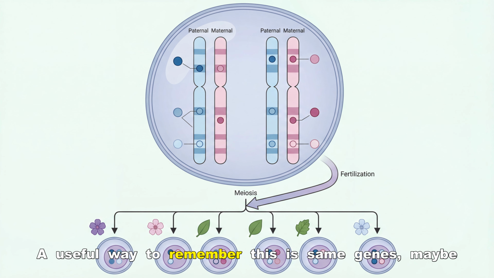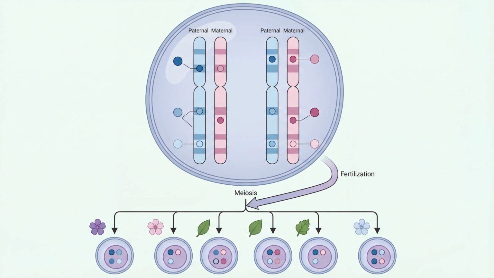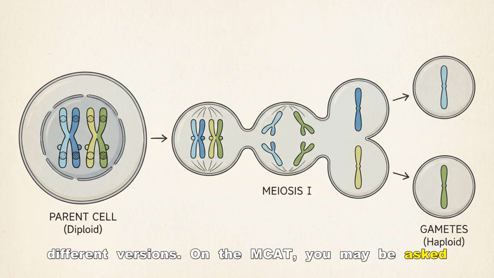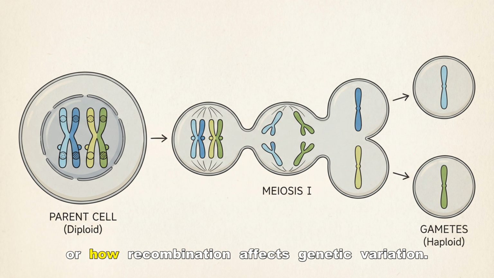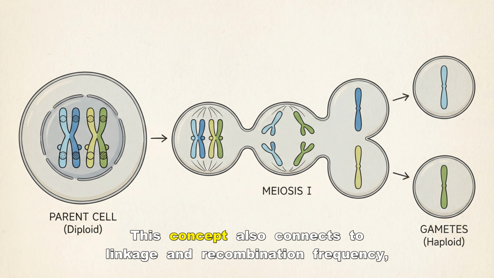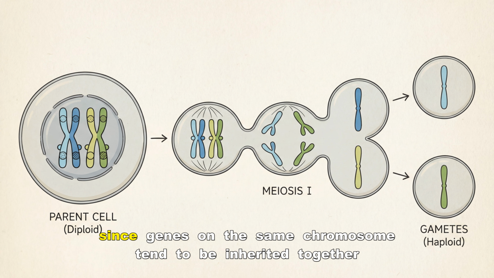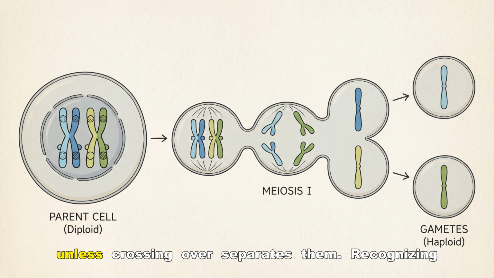A useful way to remember this is same genes, maybe different versions. On the MCAT, you may be asked to determine how allele combinations lead to phenotypes or how recombination affects genetic variation. This concept also connects to linkage and recombination frequency, since genes on the same chromosome tend to be inherited together unless crossing over separates them.